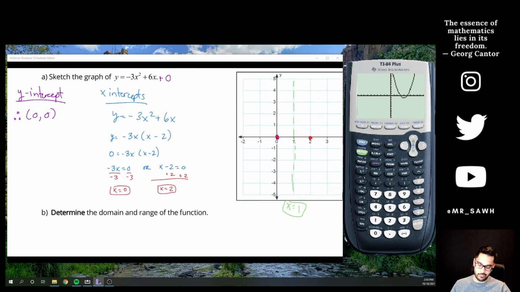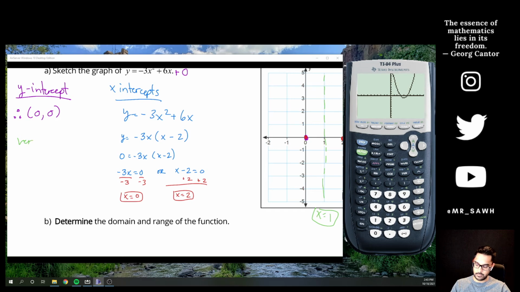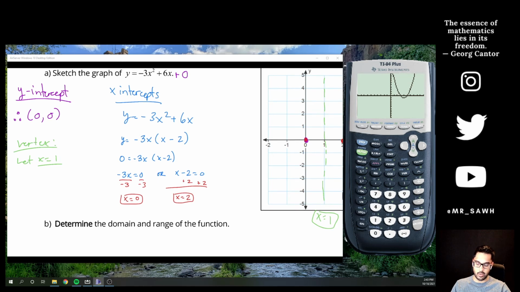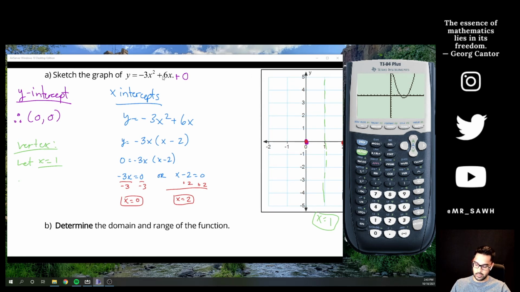So in order to find my vertex, we're going to let x be equal to 1. That's what's going to go into our original equation. So y is going to equal -3 multiplied by 1 squared plus 6 multiplied with 1. So that works out to be -3 plus 6, y value of +3.